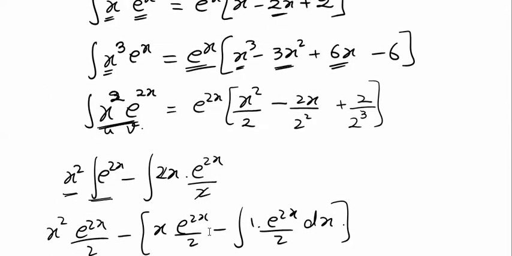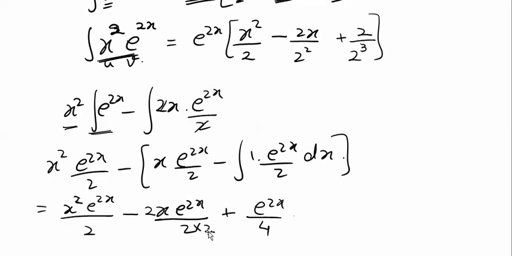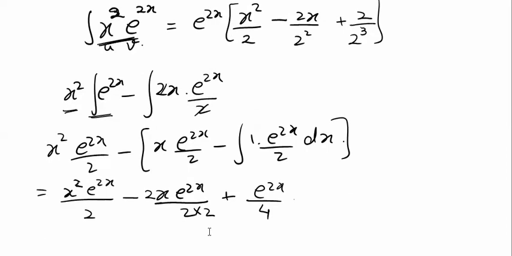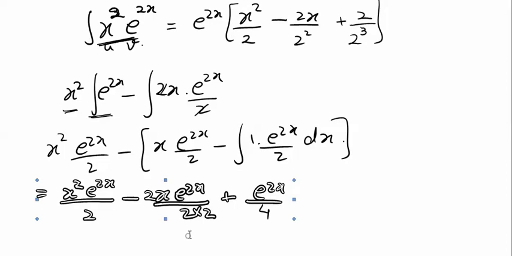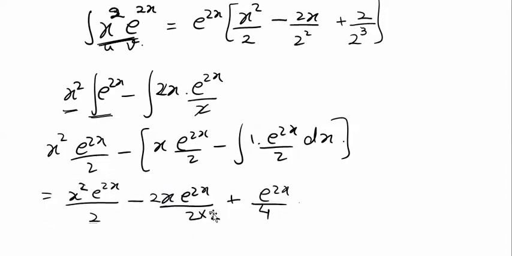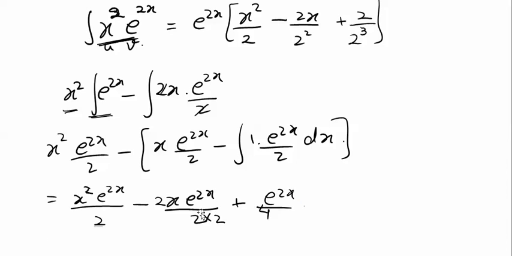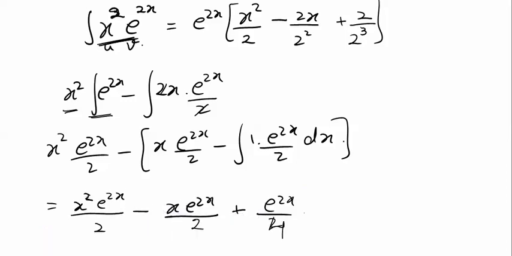E raised to 2x integration is e raised to 2x by 2. And again we'll use by parts in the second part. When we solve it, you'll get something like this, which is very much similar. So these are some small shortcuts which you can sometimes use and get your answers.